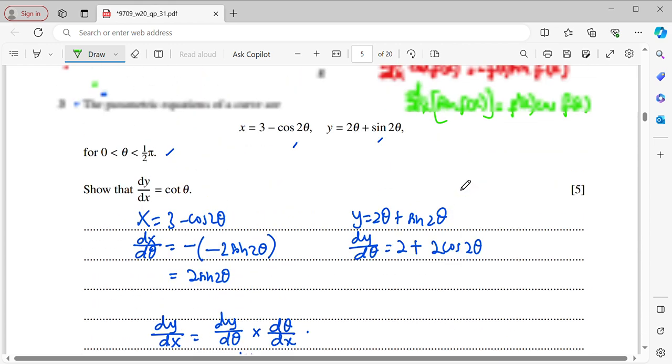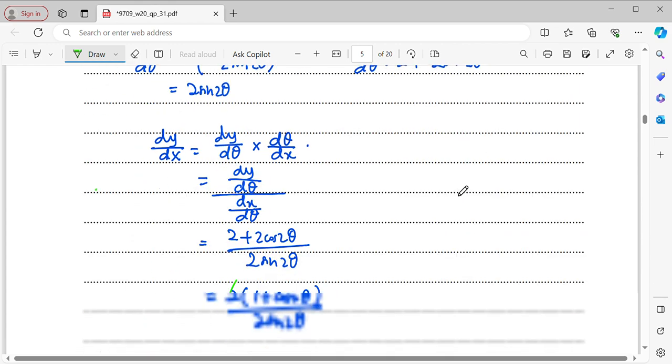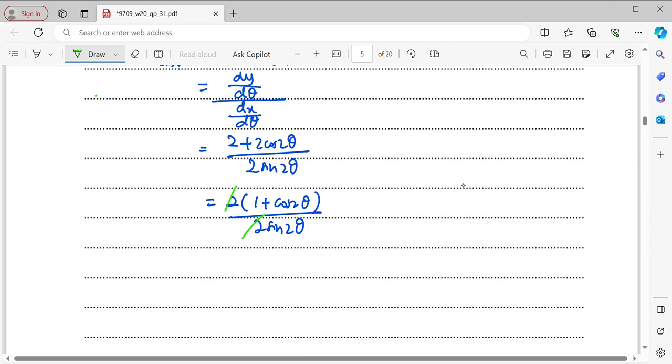Now, by looking at the answer, you need to get just one term, which is cot theta. We know that cot theta is cos theta over sine theta, which means I cannot remain 2 theta over here. So I have to change to identity. So cos 2a is 2 cos squared a minus 1. Of course we have another form, but here we will just choose this because this is 1 plus cos 2 theta.